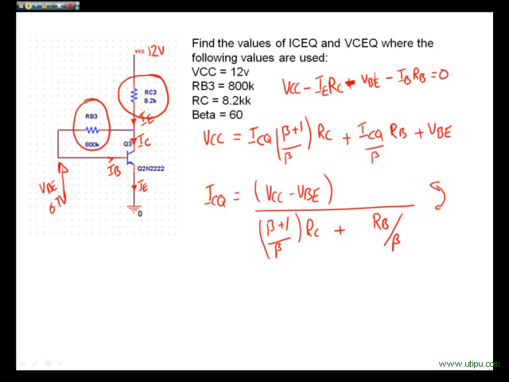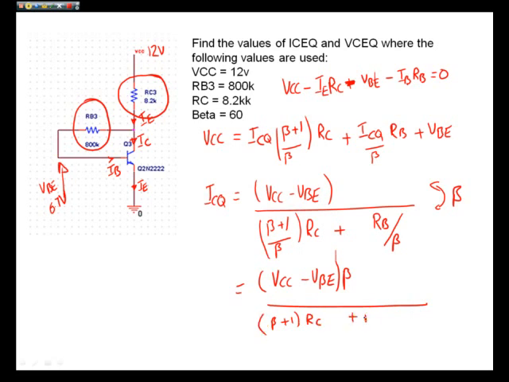I personally want to tidy that up by multiplying top and bottom by beta. It means we can cancel out these betas at the bottom and make it look a little bit neater. We're going to end up with VCC minus VBE, multiplied by beta, all divided by beta plus 1 times RC plus RB. That just makes it a little bit easier.